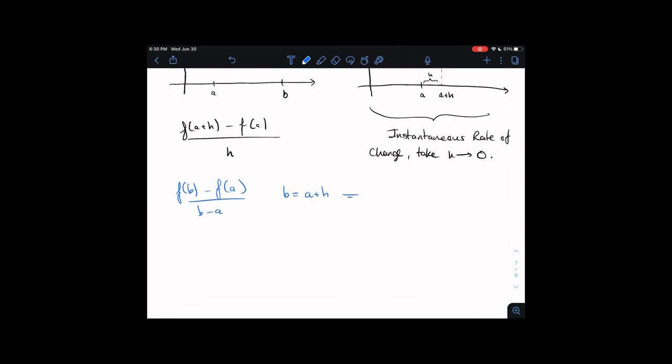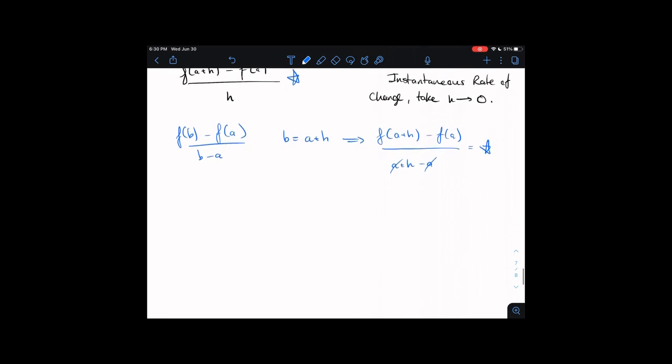Then I have f of a plus h minus f of a over a plus h minus a. These cancel. And I'm left with this thing here. Okay. It's a very important concept in calculus.